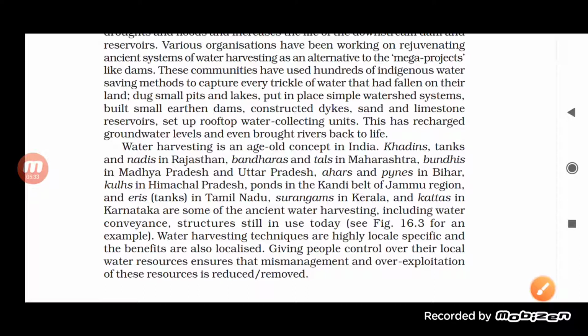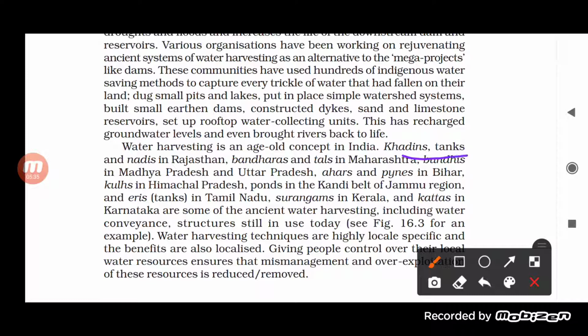See, here it is given: khadins, tanks and nadis in Rajasthan, bandharas and tals in Maharashtra, then bundis in Madhya Pradesh and Uttar Pradesh, ahars and pynes in Bihar, kuls in Himachal Pradesh, ponds in the Kandi belt of Jammu region, tanks in Tamil Nadu, surangams in Kerala, kattas in Karnataka.